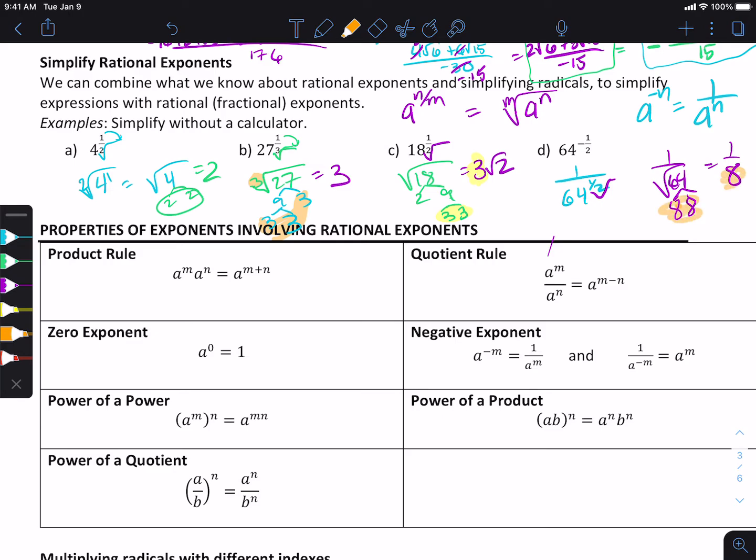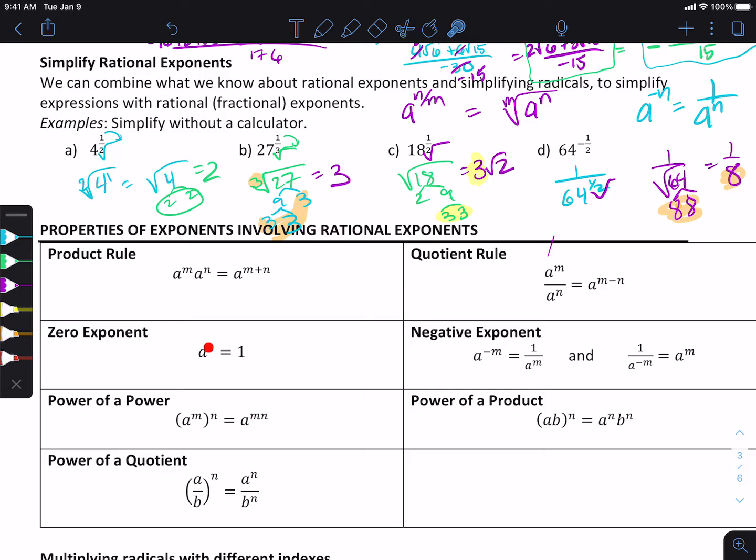Okay. We still have our rules that we can use for exponents, but we can now apply them to when we have rational exponents. So when you're multiplying two bases, you can add the exponents. When you're dividing two bases, you can subtract the exponents. When you have a power to a power, you can multiply.